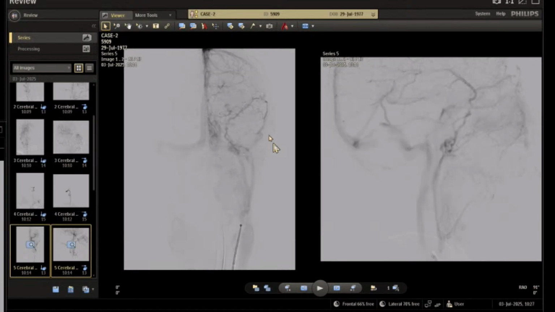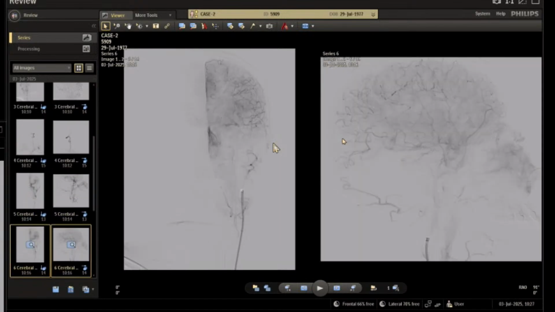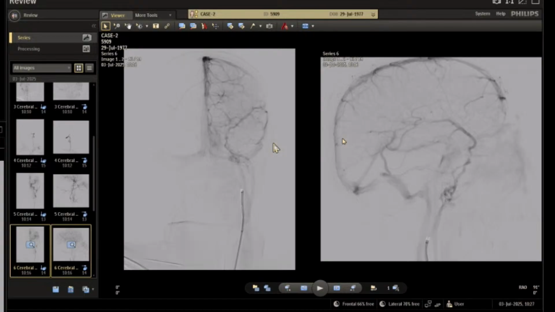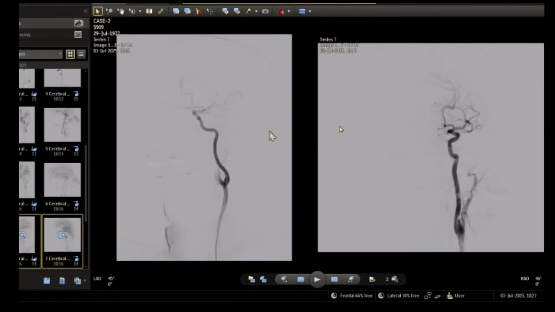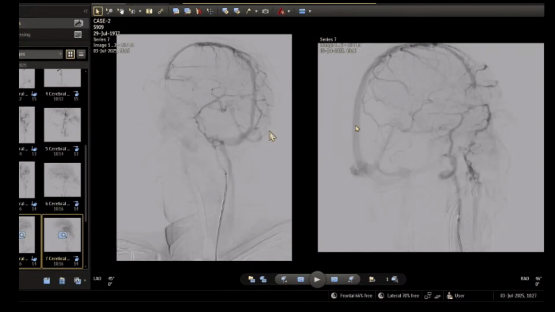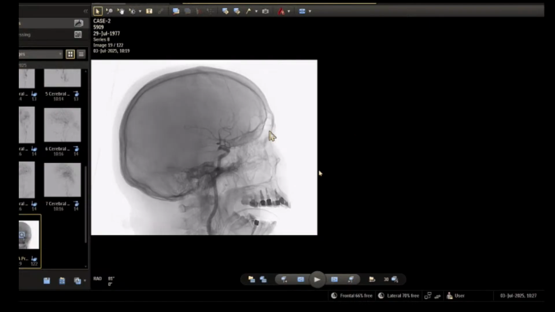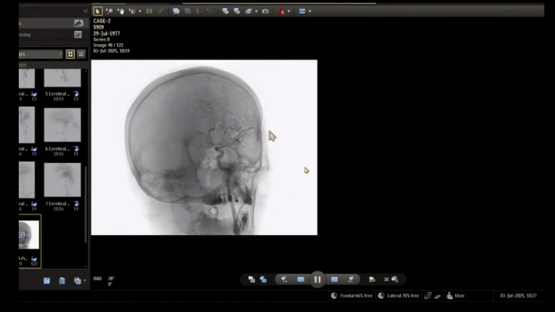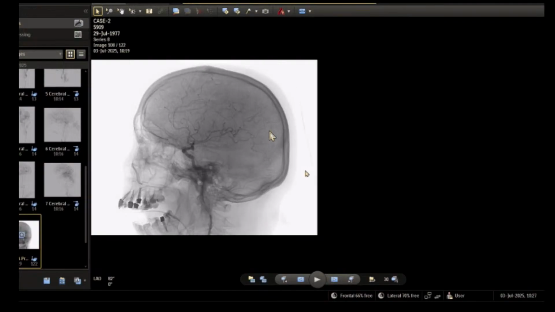That venous sinus stenosis you can see here. If you are not used to doing venous diagnostics, usually you wouldn't pay attention to the stenosis.